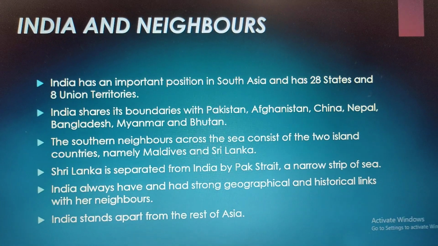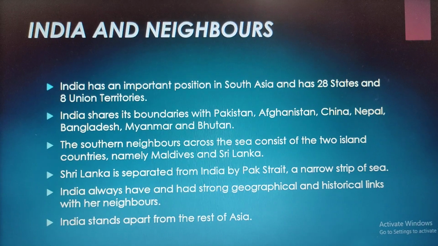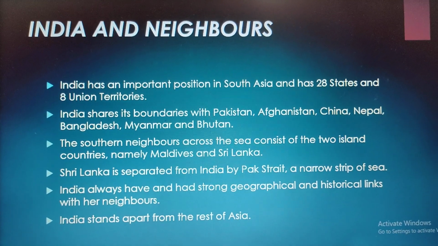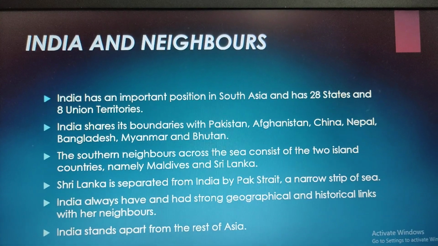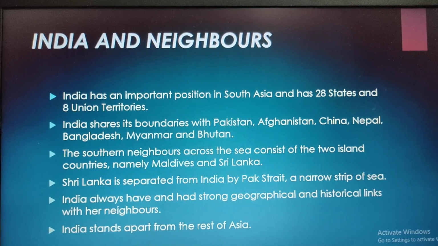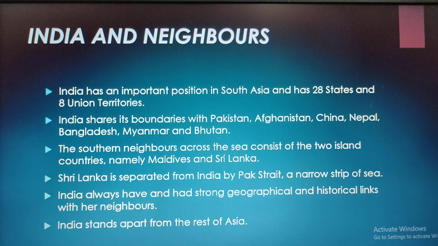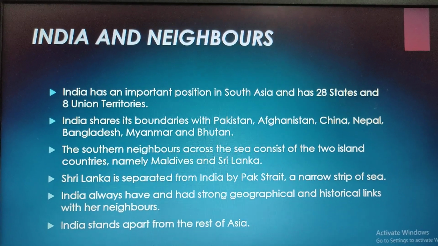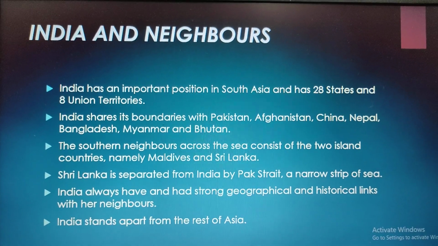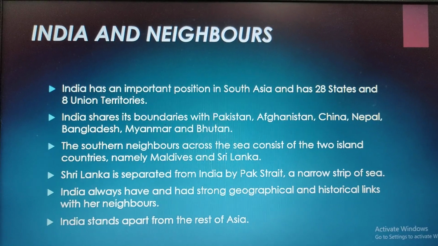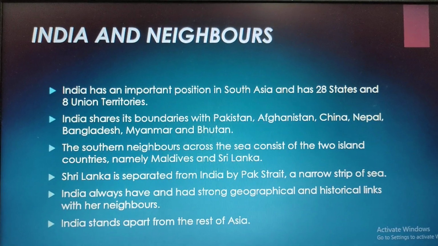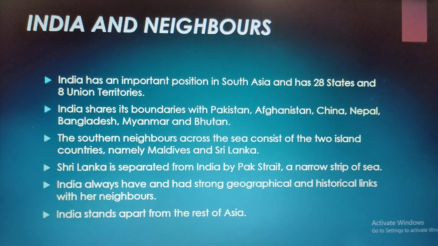India shares its boundaries with Pakistan, Afghanistan, China, Nepal, Bangladesh, Myanmar, and Bhutan. The southern neighbors across the sea consist of 2 island countries, namely Maldives and Sri Lanka. Sri Lanka is separated from India by Palk Strait, a narrow strip of sea. We know that. India always has had strong geographical and historical links with her neighbors. India stands apart from the rest of Asia.